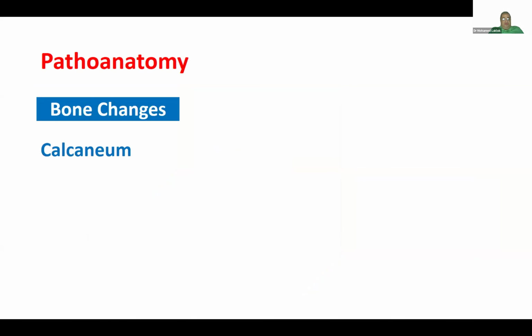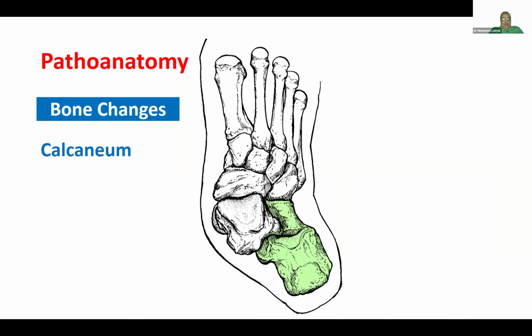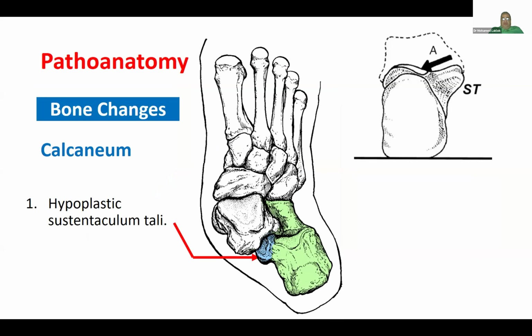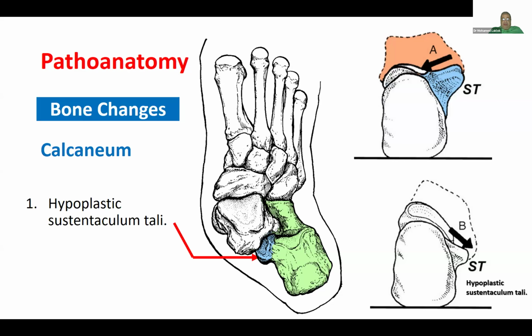First, the bone changes in the calcaneum. At first, there is a hypoplastic sustentaculum tali. Normally, this is the shape of the normal sustentaculum tali and the position of the talus above the calcaneus. But if the sustentaculum tali is hypoplastic, there is medial deviation of the talus and head of the talus, like this picture.